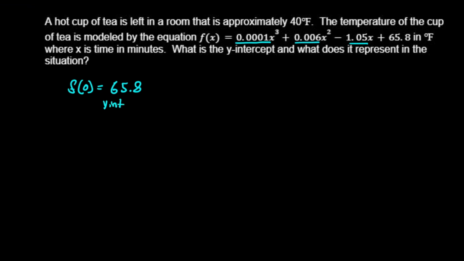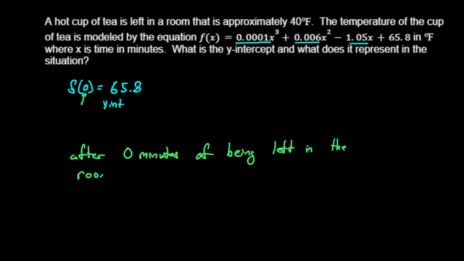To do the interpretation for this, just look at the units. x is time in minutes, so we have an x value of 0 for the y-intercept. So after 0 minutes of being left in the room, well, what does y represent?